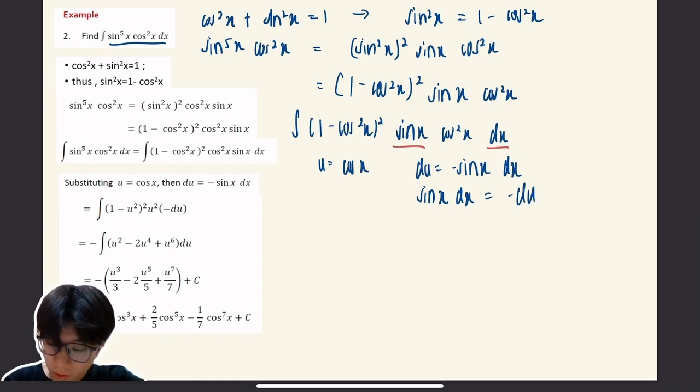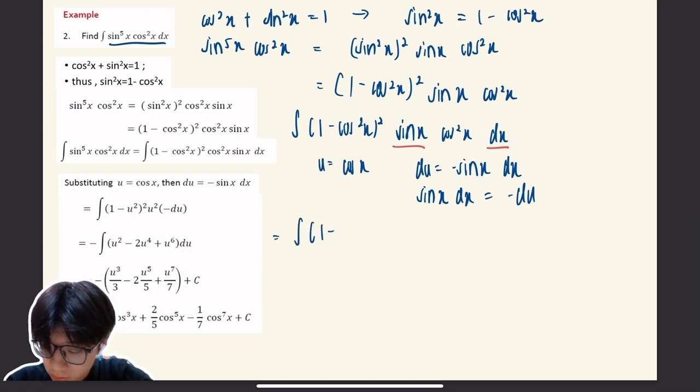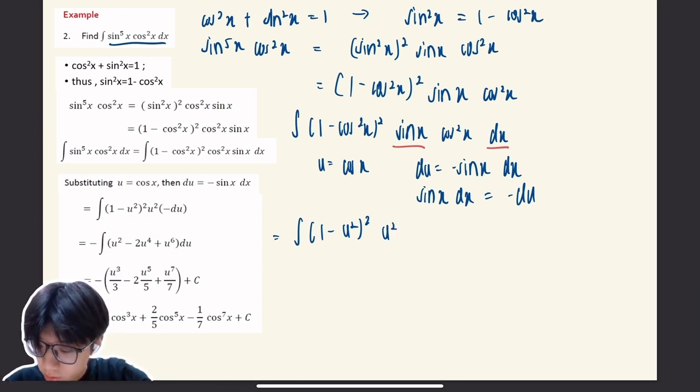So we just simplify it by substituting cos x is equal to u, and then you will be getting 1 minus u squared in the bracket and then squared again, and then u squared, and remember sine x dx is equal to negative du.